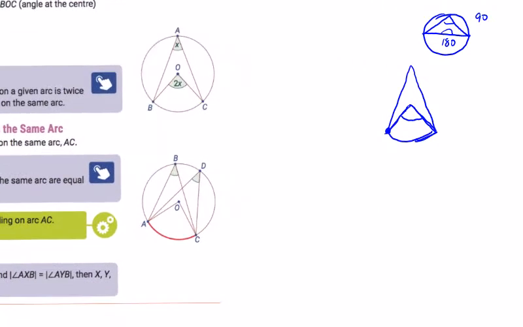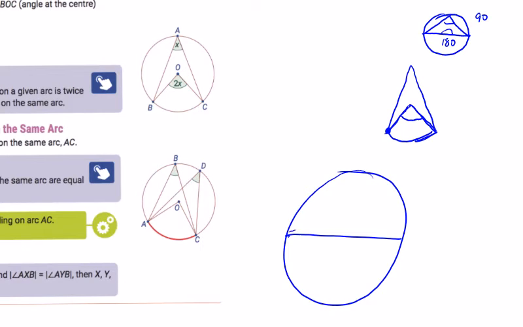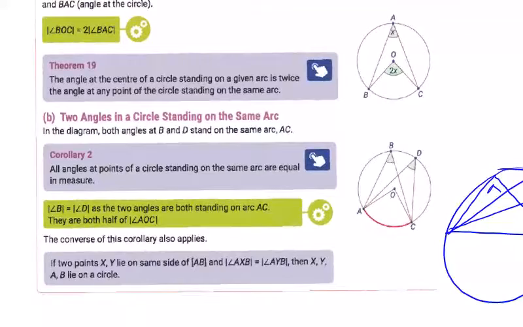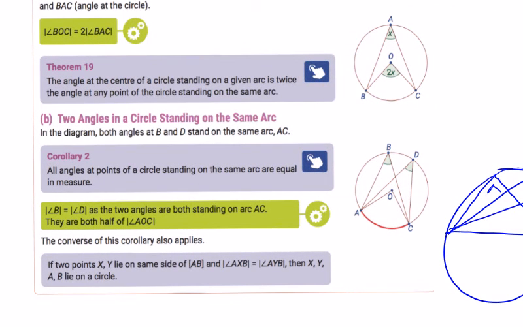So any angle that you draw using a diameter, it doesn't matter whether it goes from there to there, or the other way around, is going to be 90 degrees, because it's standing on the arc of a circle. Similarly, if I go from there to there to there, that's also a right angle, and they will all be right angles standing on the diameter. So it's just another part of this theorem, when the arc is actually the diameter.